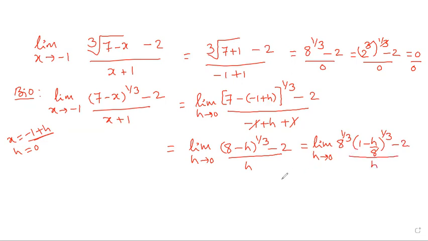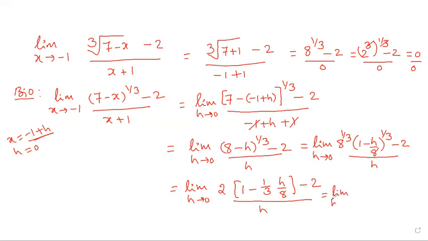Everyone see. Limit h tends to 0. 8 to the power of 1/3, 2 cube means 2. Now write down the binomial theorem for (1 minus h/8) to the power of 1/3: 1 minus 1/3 into h/8, multiplied by the 2, minus 2, over h.